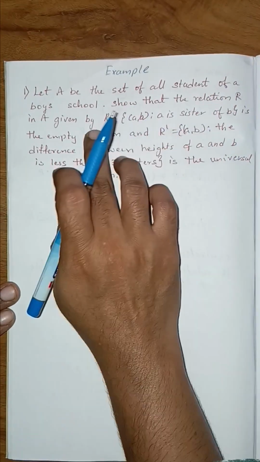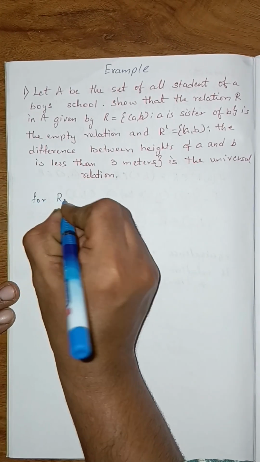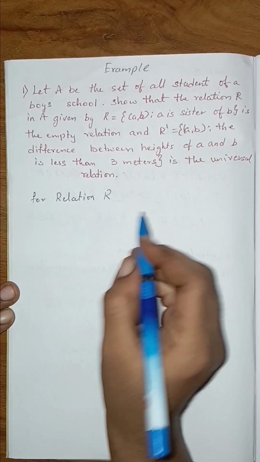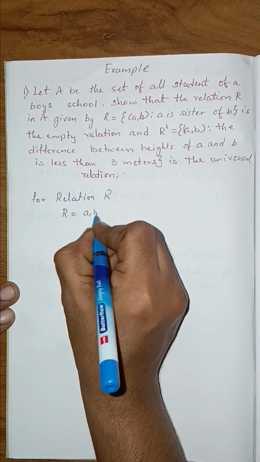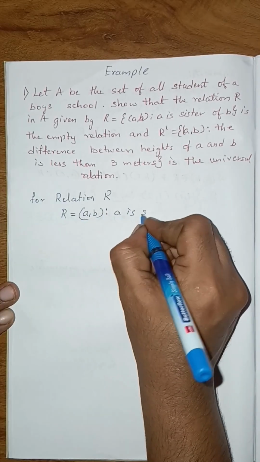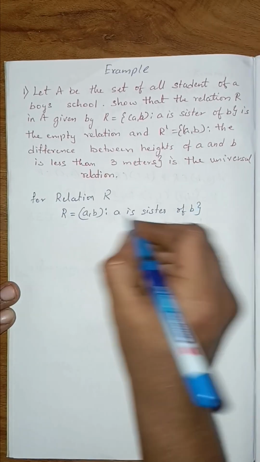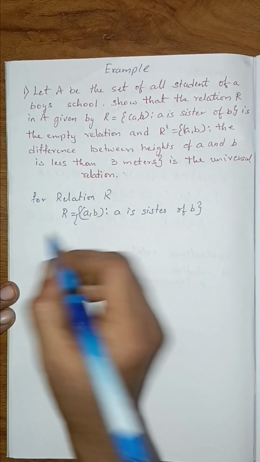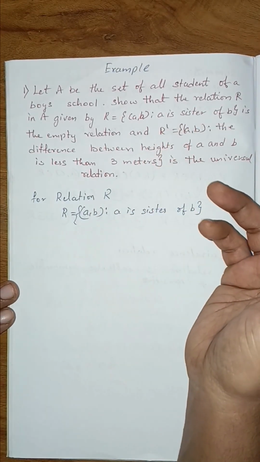So first we will take relation R. As given, the relation is (a, b) such that a is a sister of b. So we know that the school is of boys. There are no girls in the school.